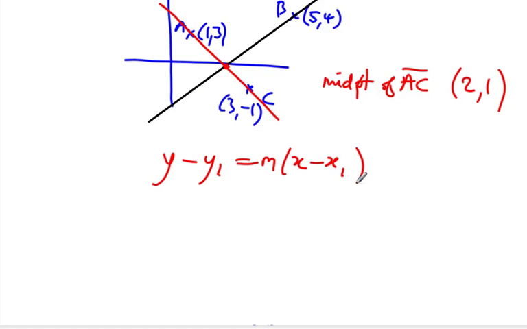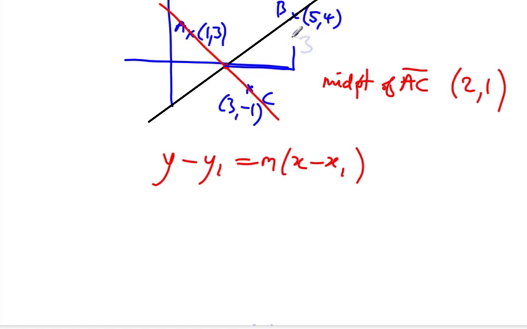I'm going to work out the gradient now, just manually. I'm going to imagine this triangle. This side goes from 4 down to 1, so this side here is 3. And going across, it goes from 2 to 5, which is also 3.